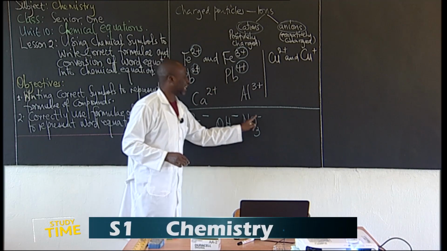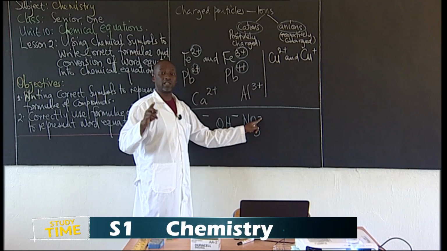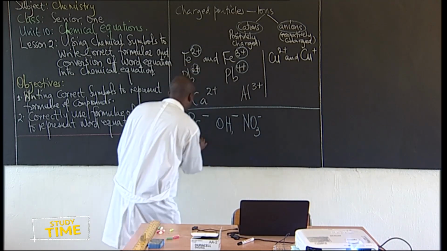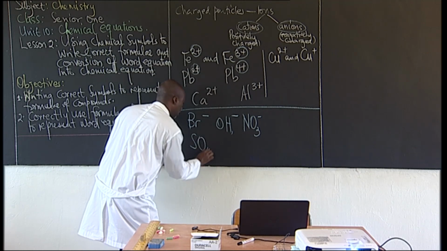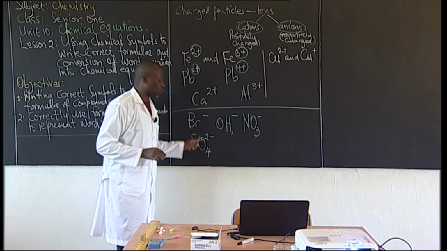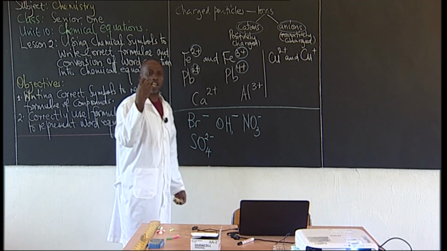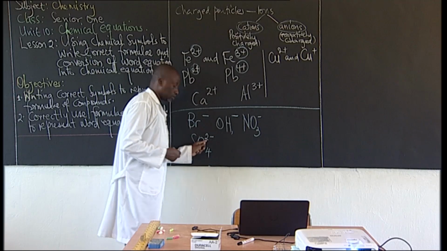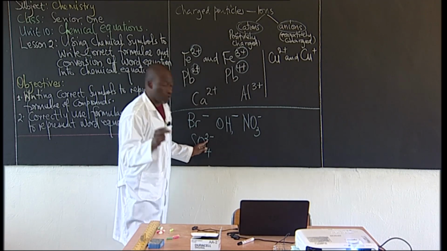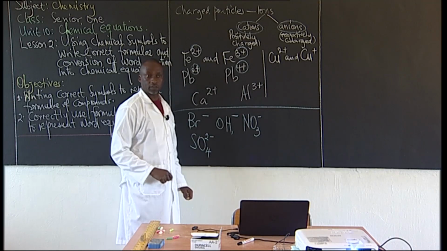It means that the negative corresponds to the valence. But if we say, for example, the sulfate ion, which is like this, how many negative charges are there? There are 2. And therefore the valence is 2.